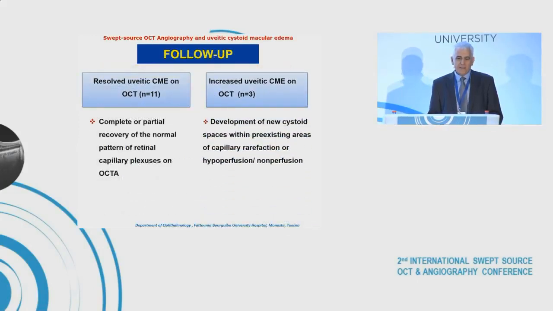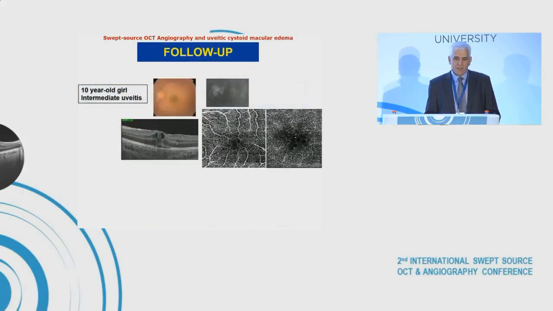We had resolved uveitic cystoid macular edema on OCT in 11 eyes, and we could see a complete or partial recovery of the normal pattern of the retinal capillary plexus on OCT angiography. We also had 3 eyes in which new cystoid spaces developed within pre-existing areas of capillary rarefaction or hypoperfusion.